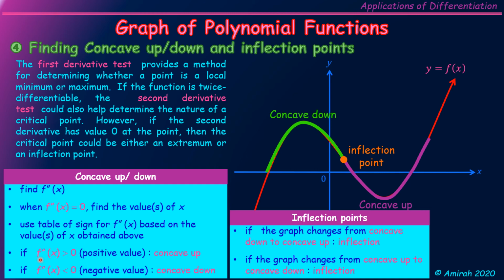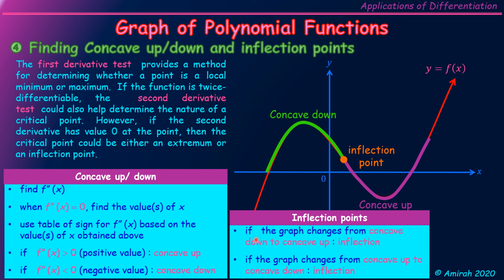If we have f double prime positive value, it means it is concave up. And if we get f double prime negative value, it means it is concave down.